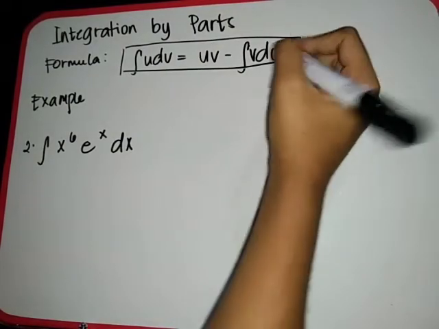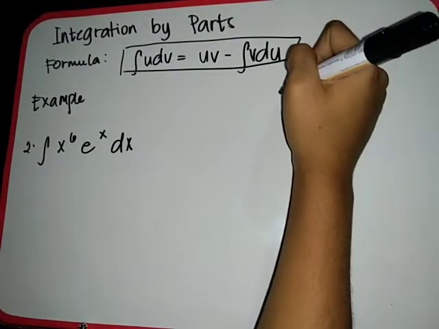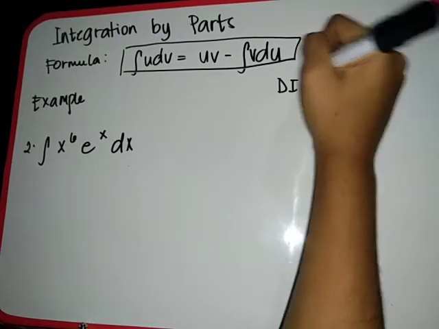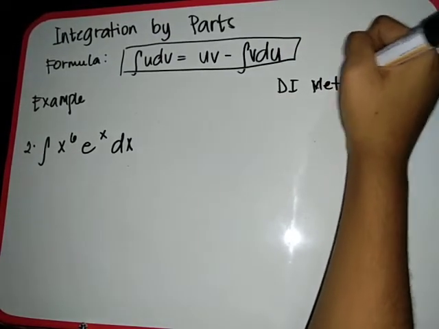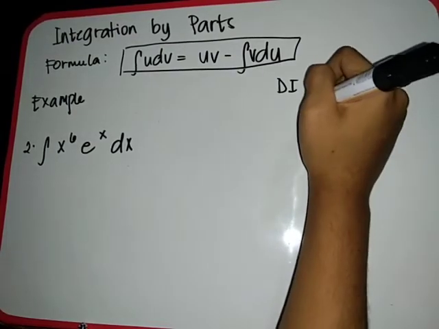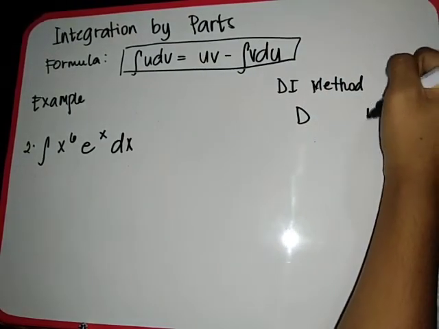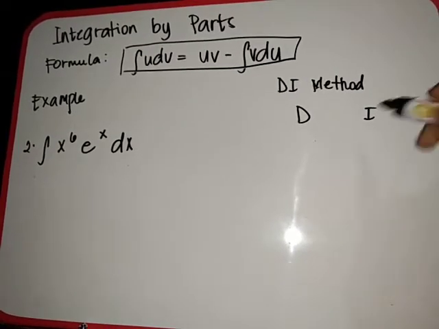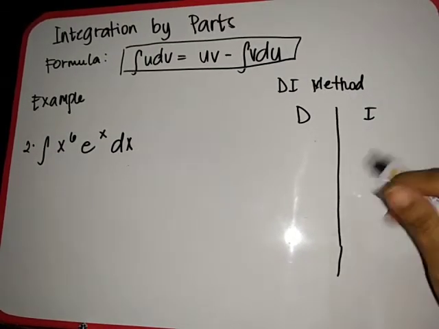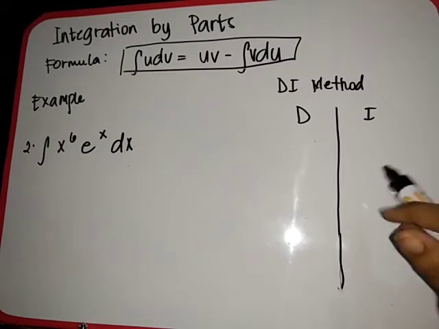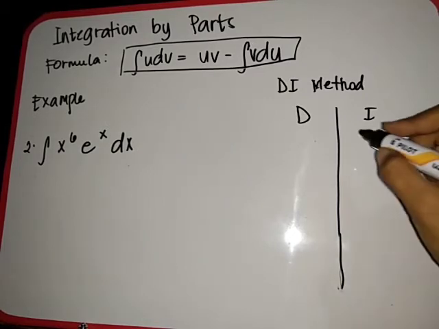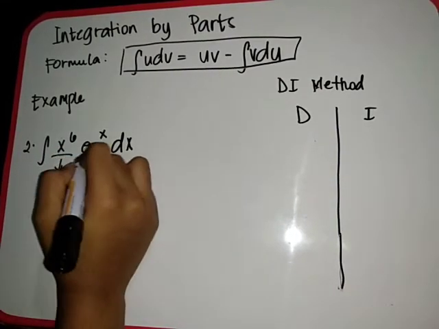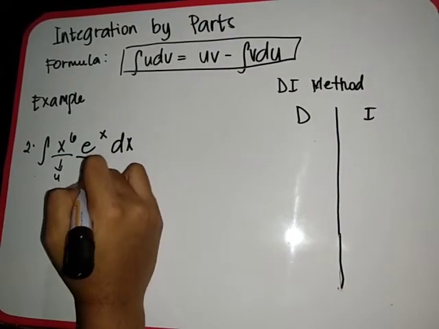So we will write it there, DI method. This is the differential and this is the integral. So we have to make columns. This is our u, and this is our dv.